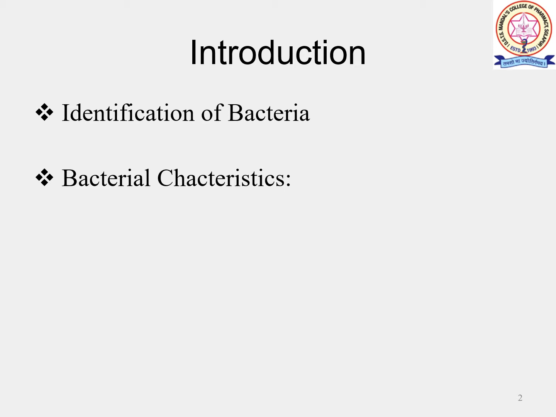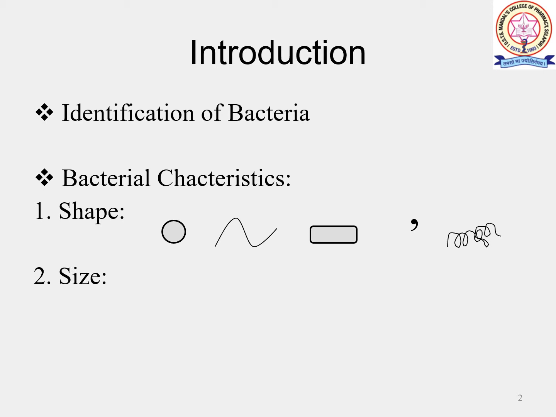The very first thing is shape. Now, the bacteria have different shapes, that is oval, spherical or filamentous, rod shaped, comma shaped or spiral. Second is the size. Length and breadth may vary for each bacteria or type of bacteria.